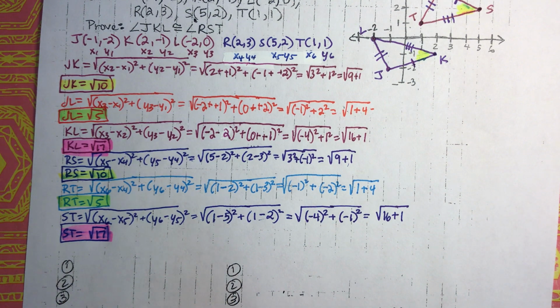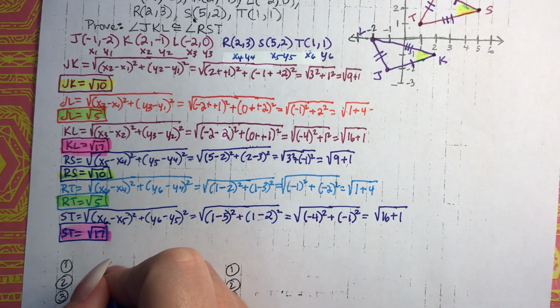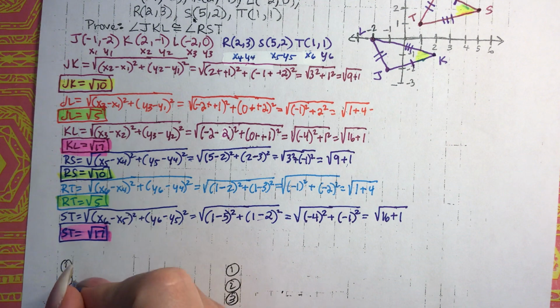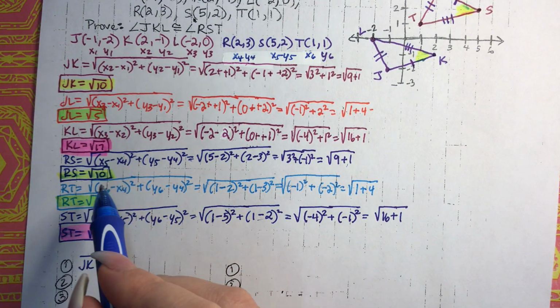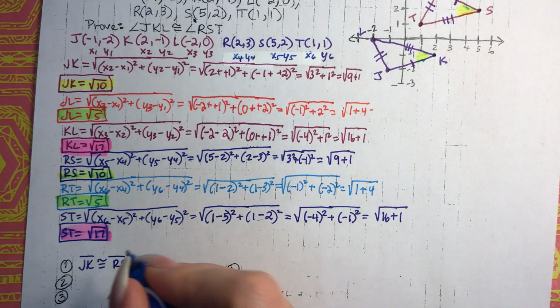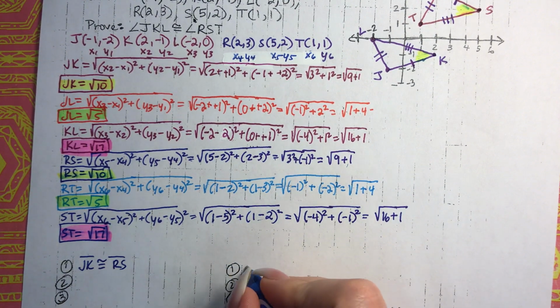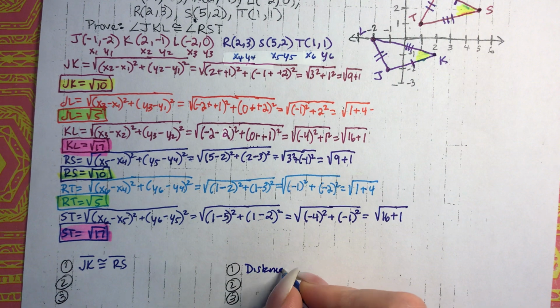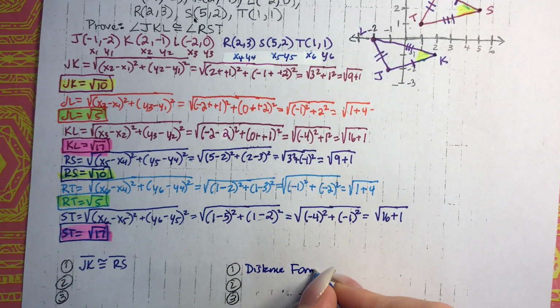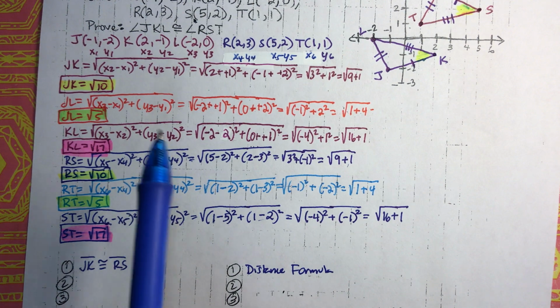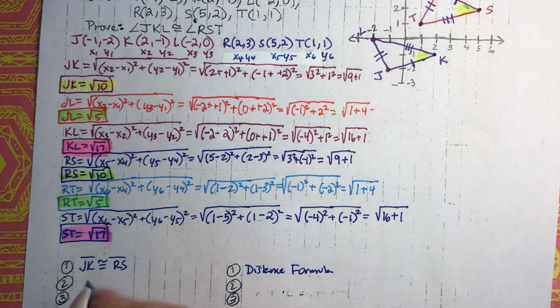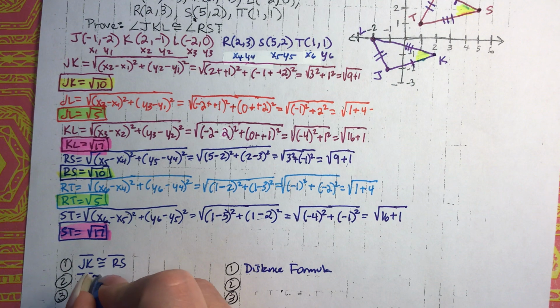So let's go ahead and write that information. We're gonna go JK is congruent to RS. And you can kind of say distance formula. That's why we did the distance formula. Okay. And then what? JL is congruent to RT. So JL is congruent to RT.